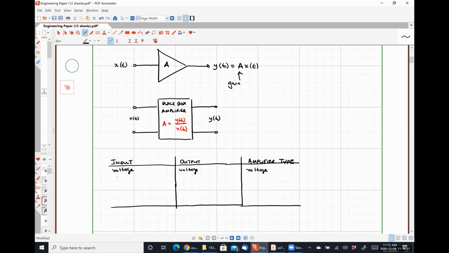All right, then we have current at the input. We get current at the output, so that is a current amplifier, pretty easy. If we have a voltage input and convert it to a current output, that is a transconductance amplifier.